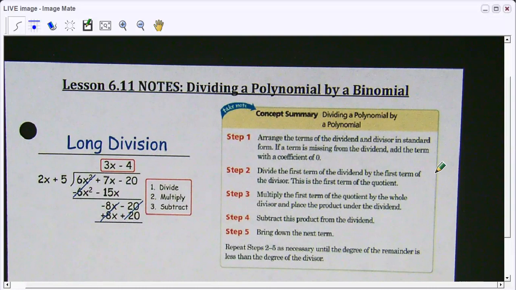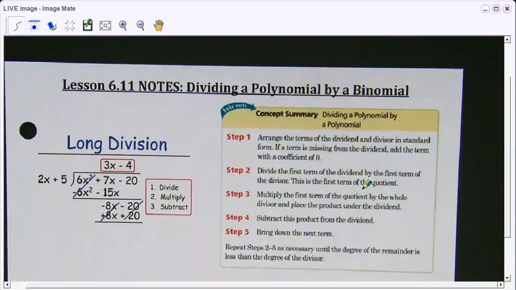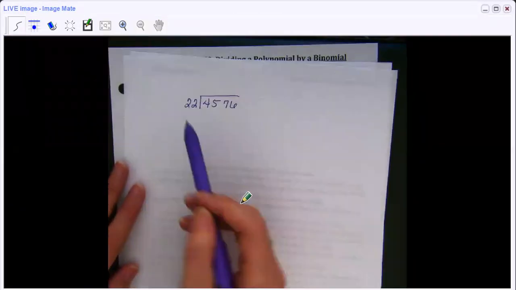4,576 divided by 22. Okay, the first thing you have to do is figure out how many times 22 can go into 4.